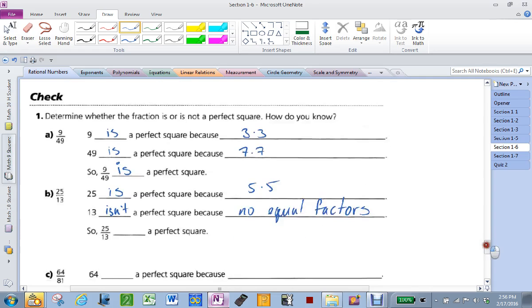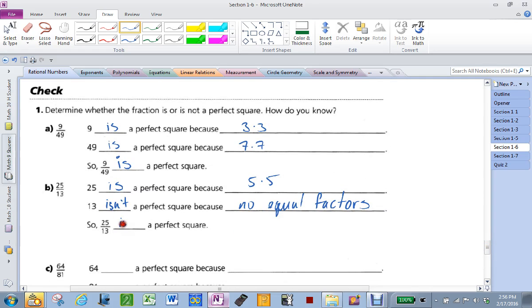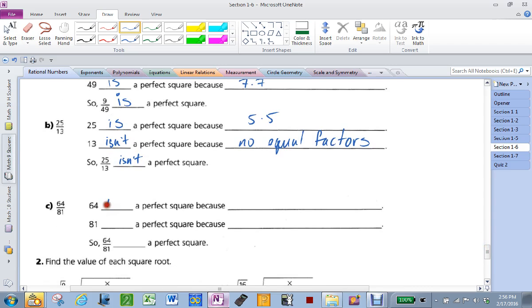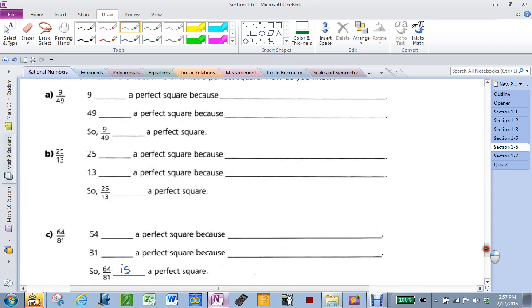It only has 2 factors, itself and 1, so that isn't. And 64 is, because of 8 times 8. 81 is, because of 9 times 9, so this must be a perfect square. See how it all just disappeared there? Classic.